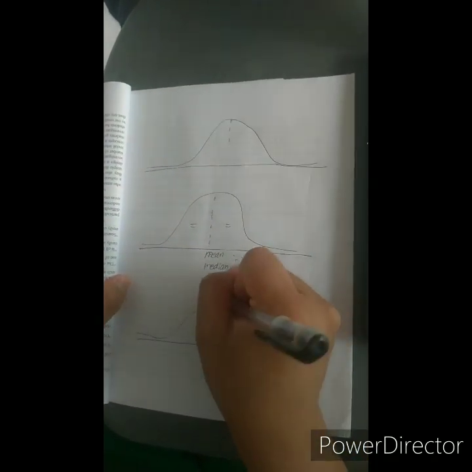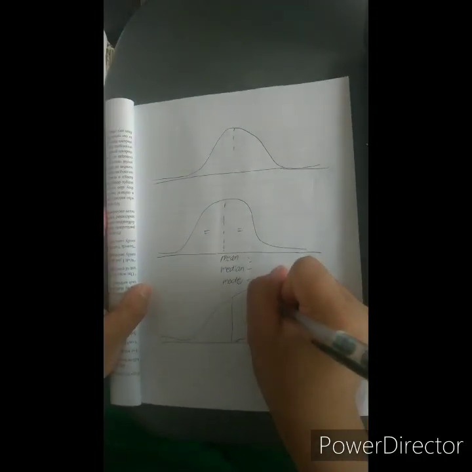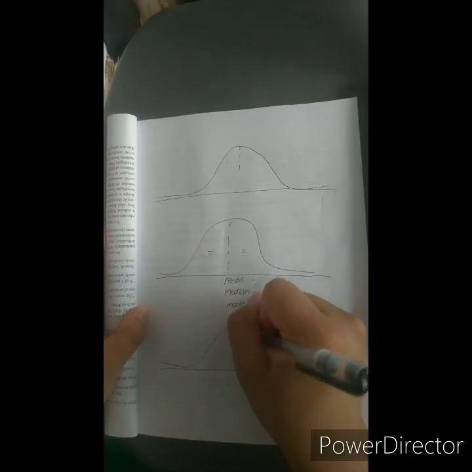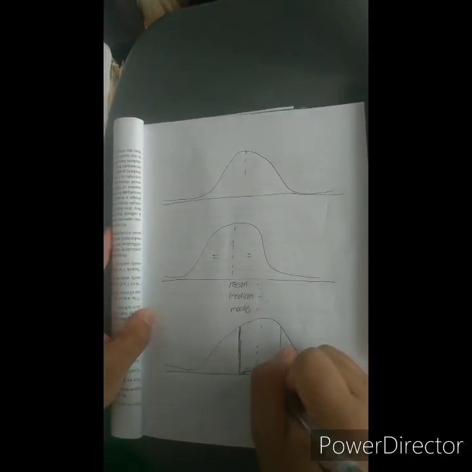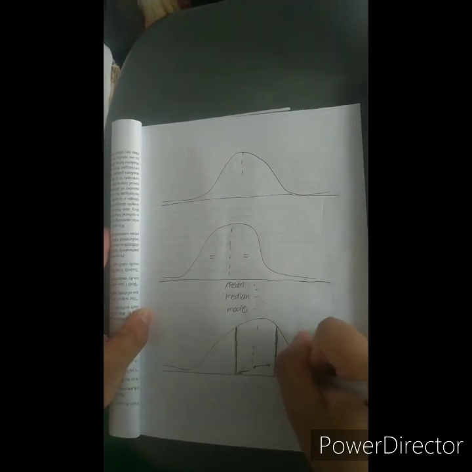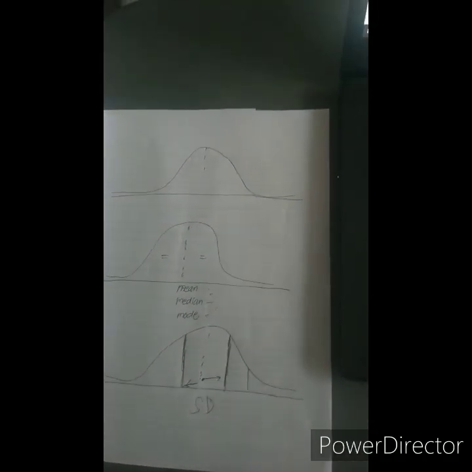The distance from the center going to this one, and the distance from the center going to this one, is what we call the standard deviation. Going back, the definition of standard deviation is the dispersion of data from the mean.